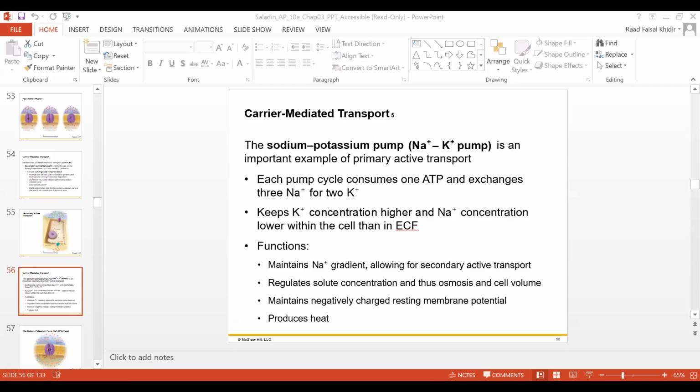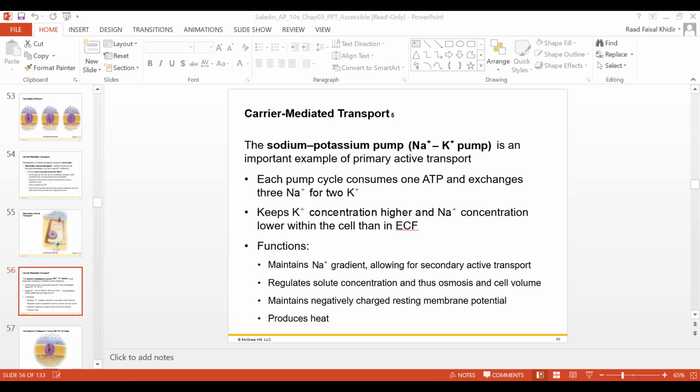We know that there is a lot of sodium on the outside and a little bit of sodium on the inside. And we know there is a lot of potassium on the inside and a little bit of potassium on the outside. So what is the natural movement of sodium, according to what we have been learning so far? For sodium to move from which direction to which direction?